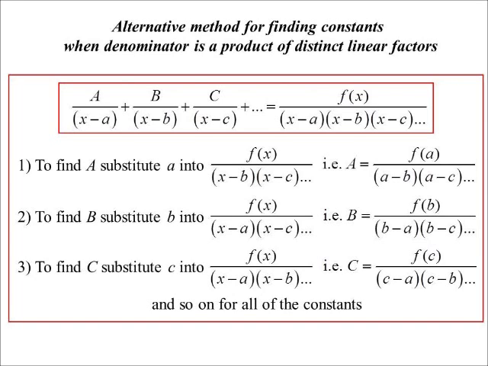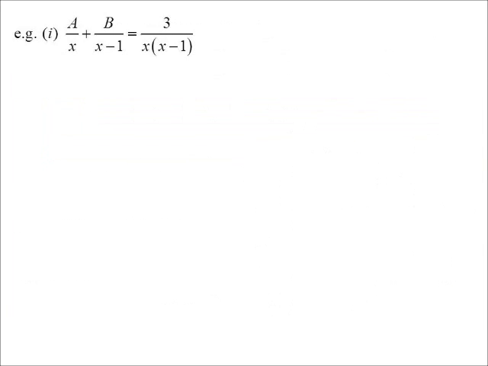Right? So let's have a look at some of the ones we just did. So if I wanted to work this one out, let's say, to work out a, I would cover up the x. Substitute 0 in, I should have said. Substitute 0 in, we get 3 on 0 minus 1, which is minus 3.